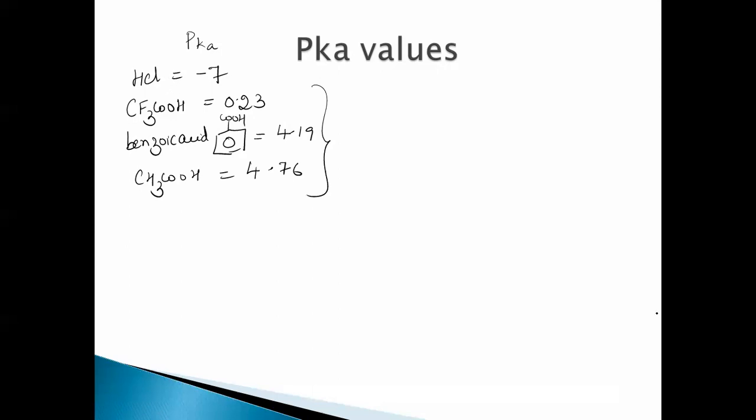I just said that the lower the pKa, the higher the acidity, that means pKa is inversely proportional to the acidity. An acid is something able to donate a proton.